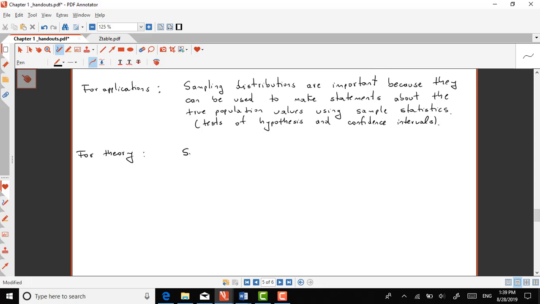So sampling distributions provide information about the properties of a sample statistic.